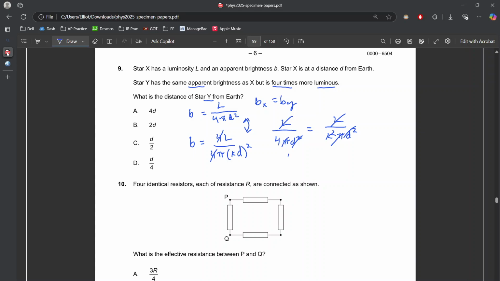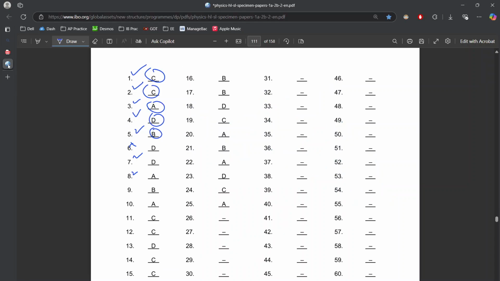It just leaves 1 over 4 is equal to 1 over k squared, which means k is equal to 2, and kd is equal to dy, which means dy, the number you're looking for, is actually 2d, which is answer choice B, which is correct.